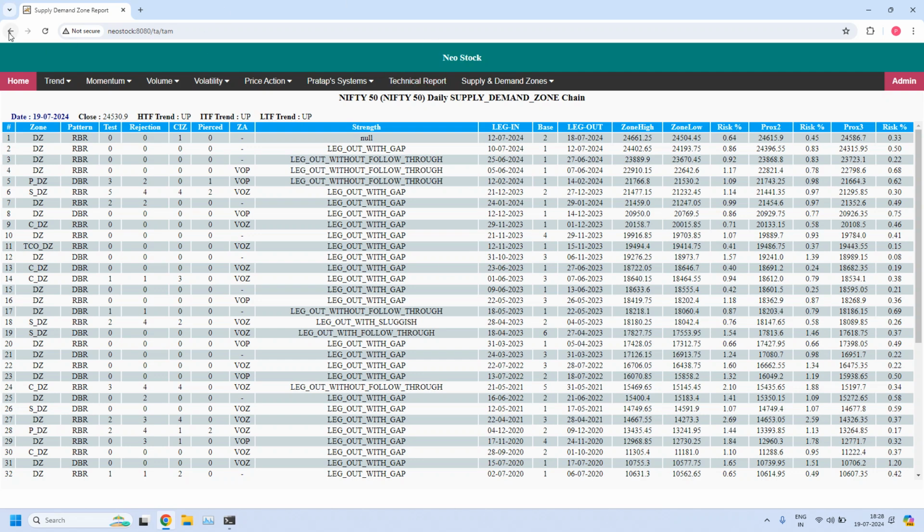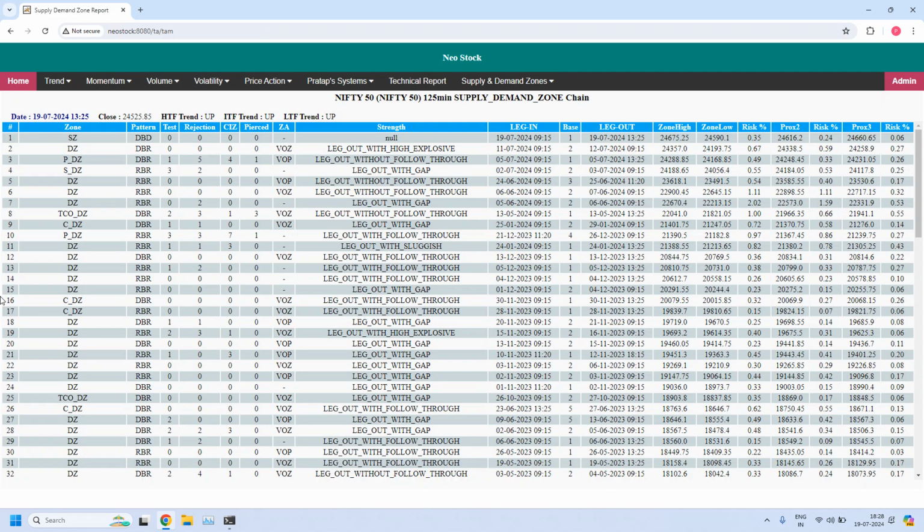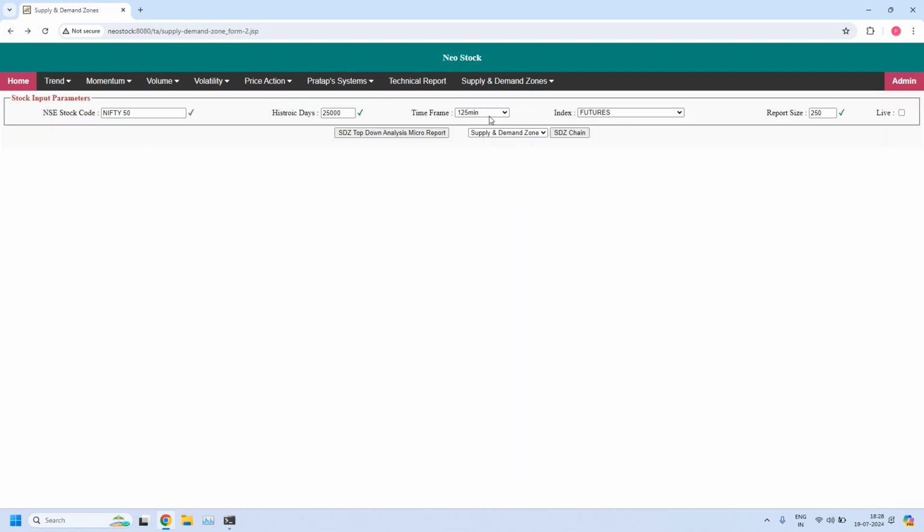Okay, the next one is 125 minutes time frame. I am generating 125 minutes supply demand zone chain for NIFTY. Okay, the next time frame is 75 minutes. Now I am generating 75 minutes supply demand zone chain for NIFTY.